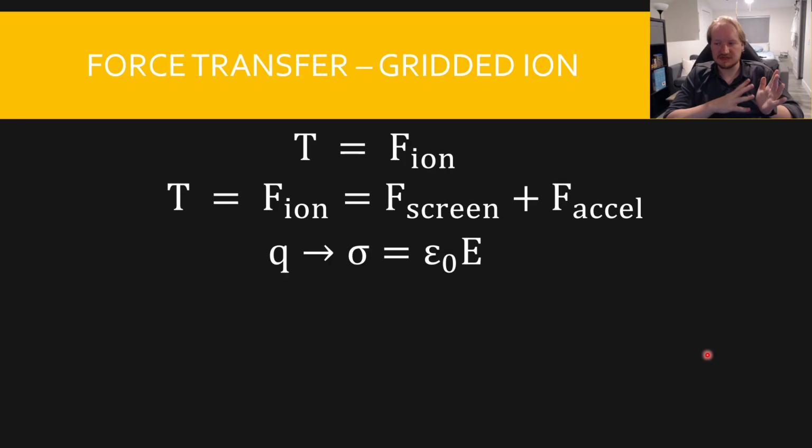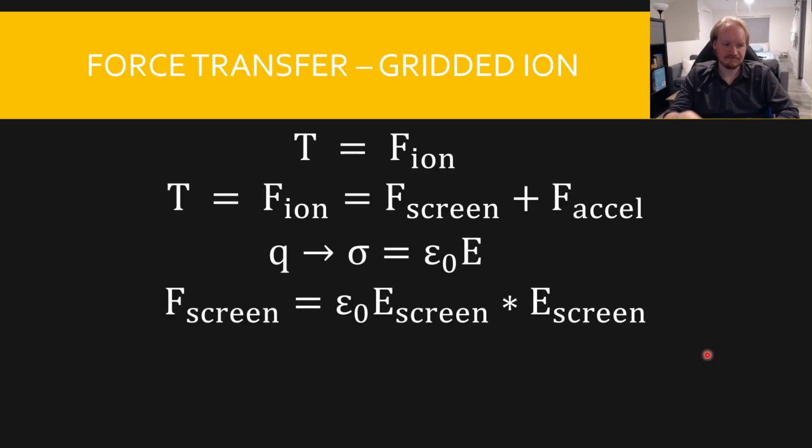So we have a bunch of these positive ions coming in, and we can use Q if we just had one of those ions, but because we have multiple ions, it's going to be a charge density, which is used with sigma a lot of the time, and this is just going to be the vacuum permittivity constant, which is epsilon sub naught, times the electric field that it's in, and this electric field will be either the screen electric field or the accelerator electric field, because those are orienting those ions in a specific way.